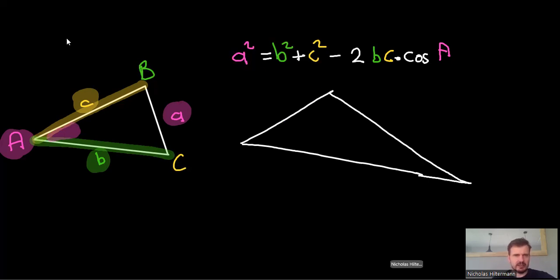But more often than not, it's two sides hugging an angle. So I'm going to make this 4, I'm going to make this 10, and I'm going to make this 40.